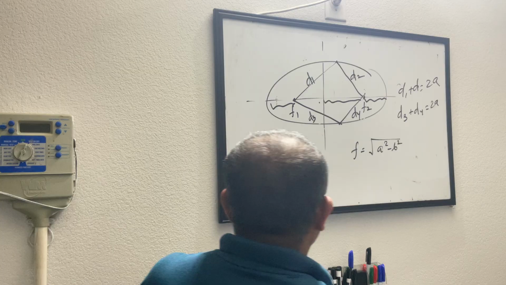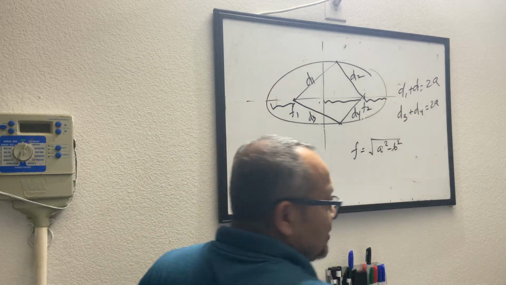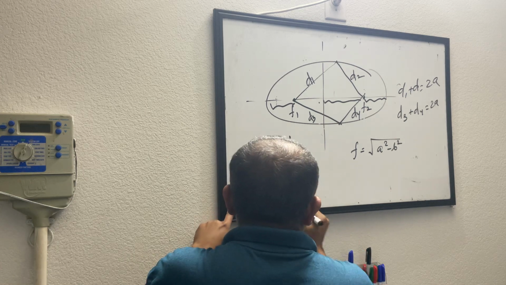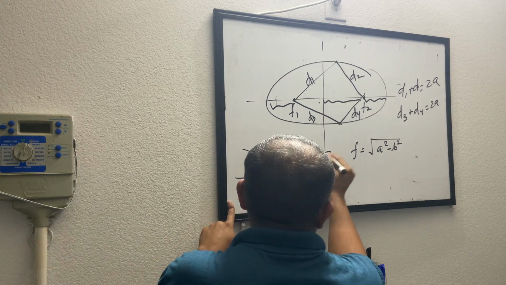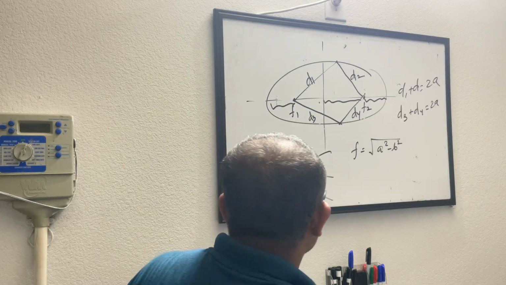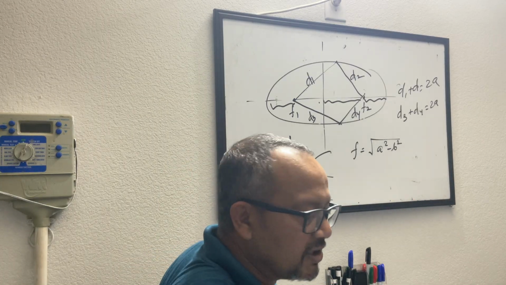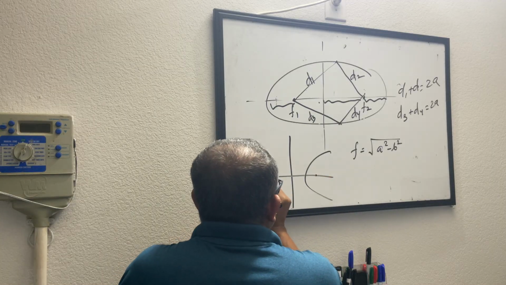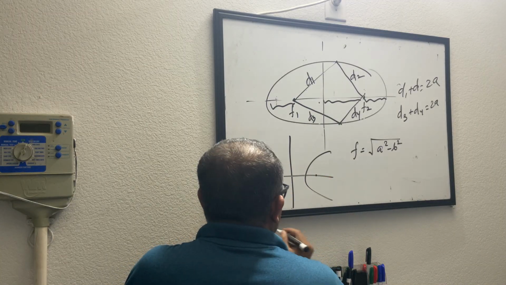Now, what I was trying to say was, like in the ellipse you have the foci concept, the same thing applies in the hyperbola also. If you have a hyperbola along the horizontal axis, a horizontal hyperbola, whatever you call it, you will have the foci concept here also.